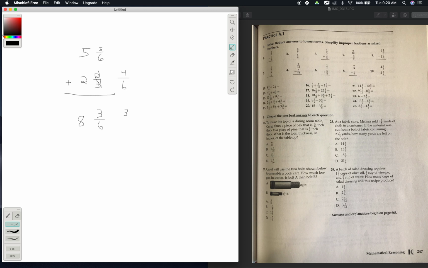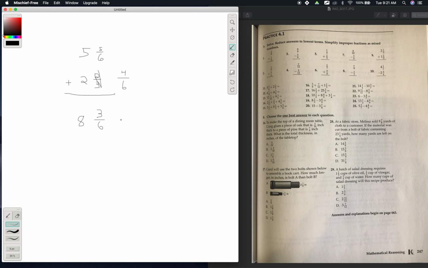Okay, so now that that's done, can we still reduce this even further? Well, remember I told you anytime the numerator is exactly half of the denominator, we know that this number is a half because this equals one whole number, one of these guys over here, and this is half of the whole. So we know that there's half of the pieces to make this whole over here.